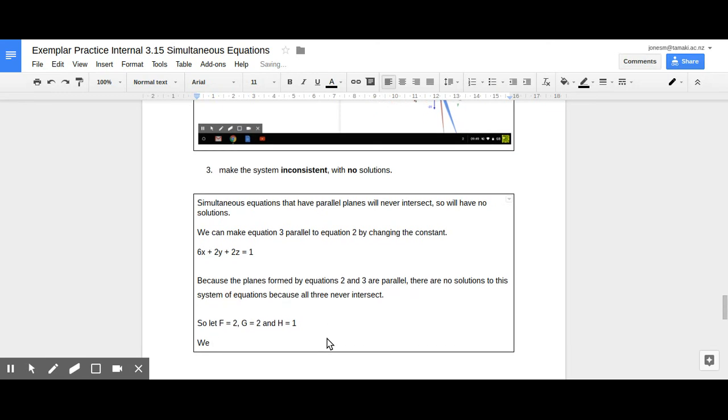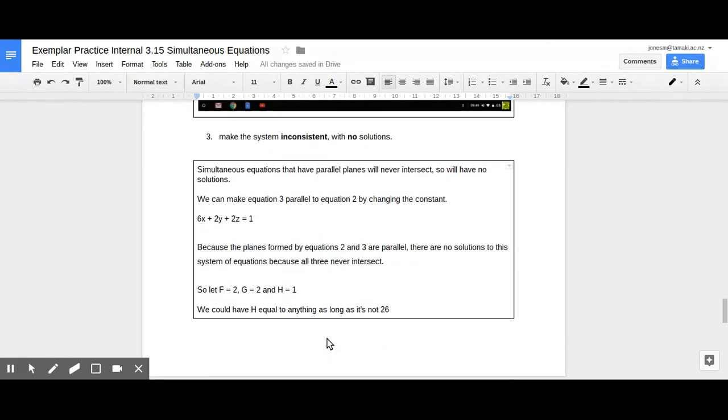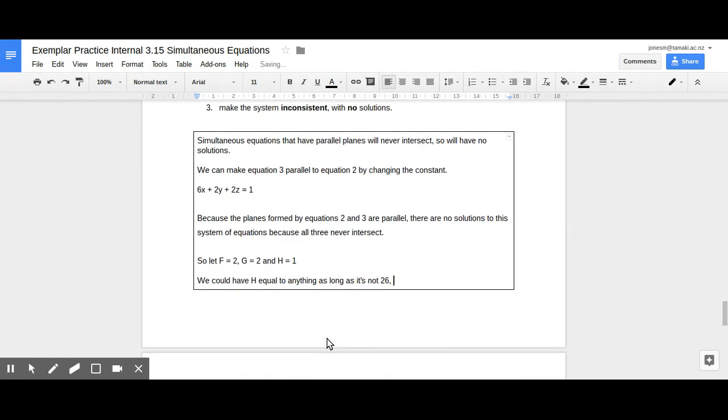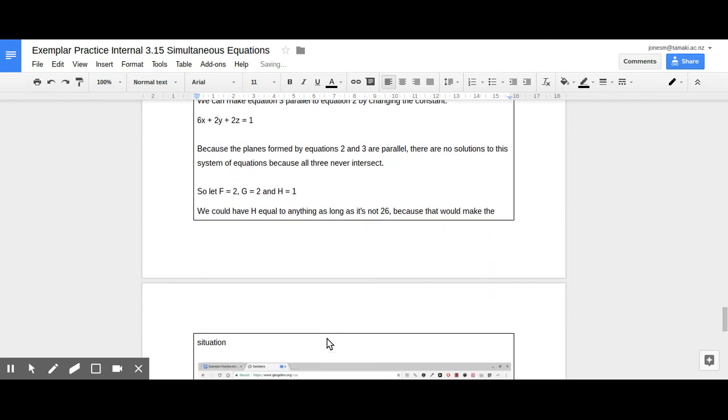We could have h equal to anything as long as it's not 26, because that would make the situation above where they are parallel.